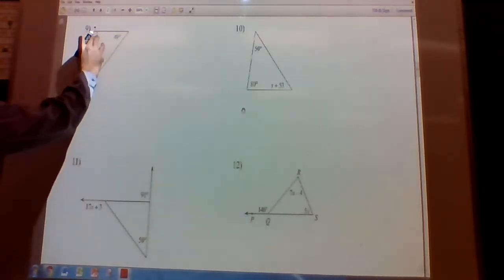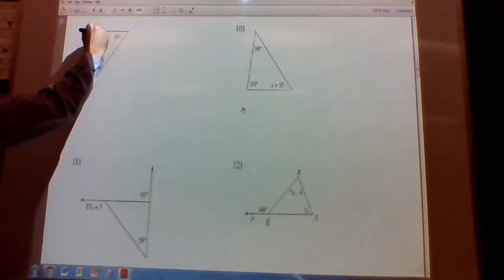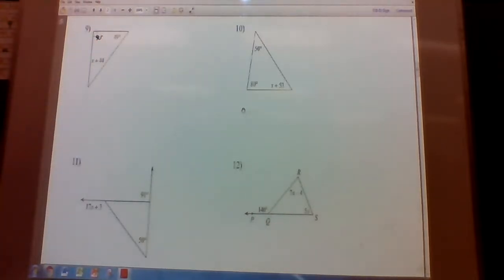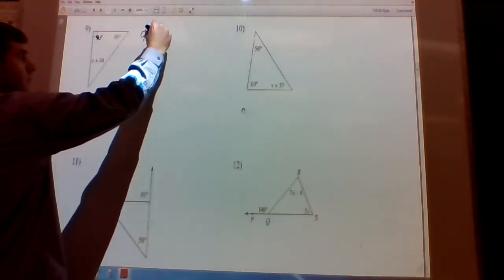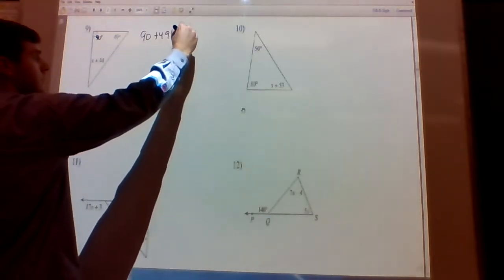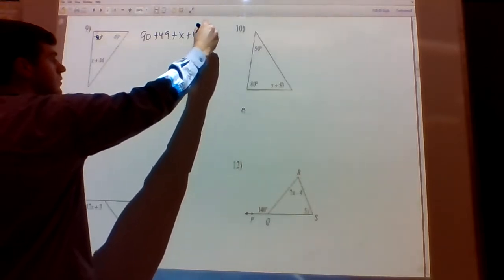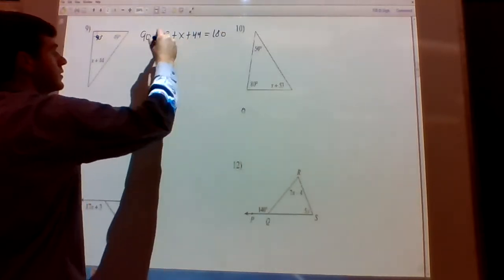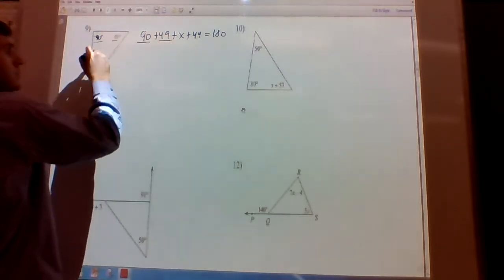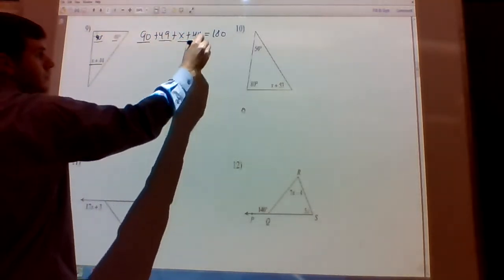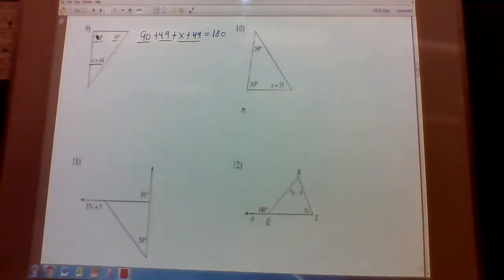So number 9, we notice we have a right angle, so that's 90 degrees. We can use the Triangle Sum Theorem, which says that the measures of the three angles of the triangle are going to add up to 180. So 90 plus 49 plus x plus 44 equals 180.